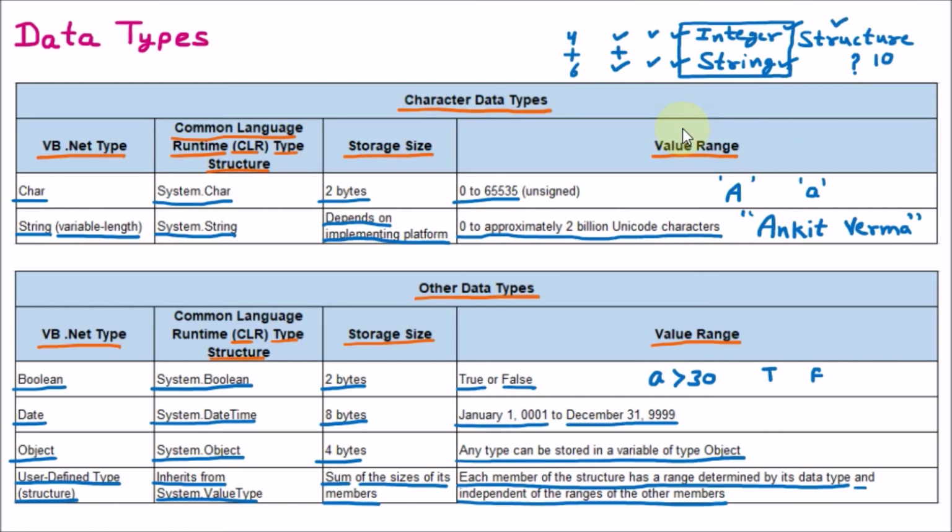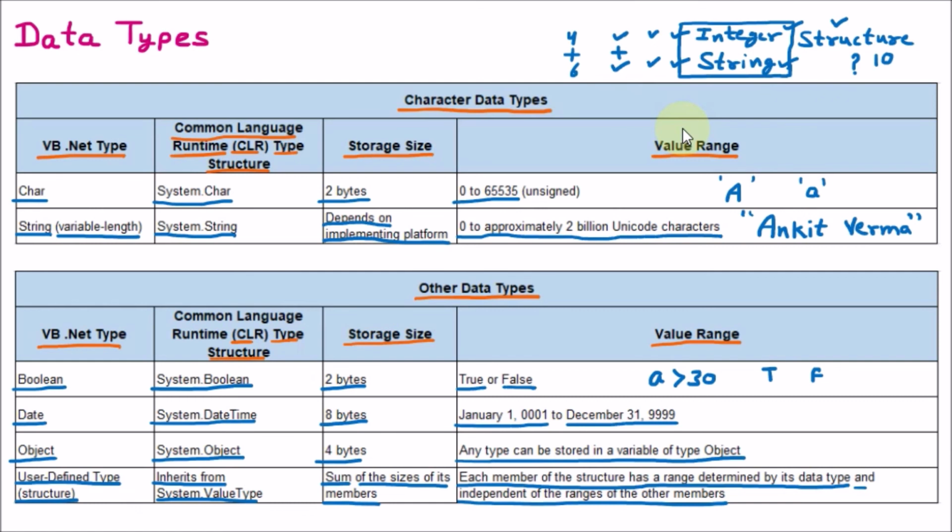So in the structure, we have the integer type phone number, which has its own range, and the name of string type, which has its own range. Both work together, but they do not interfere with any other range. So that is all about the user defined data type structure.